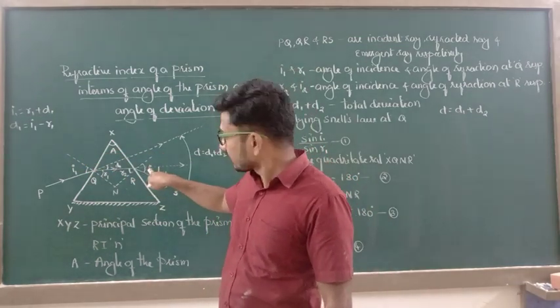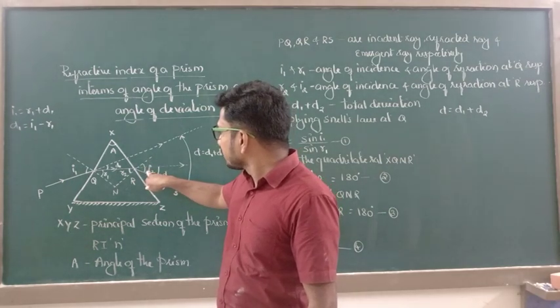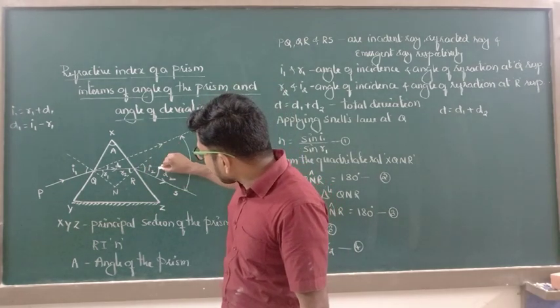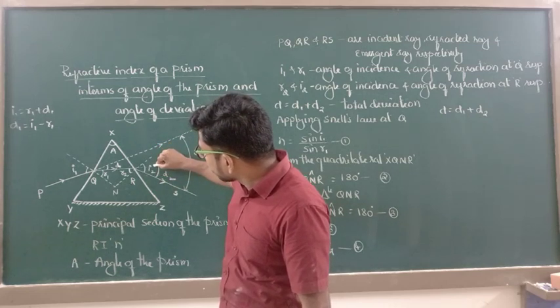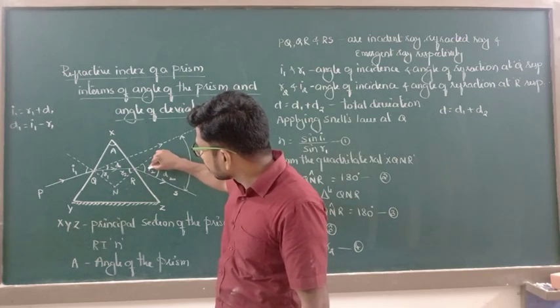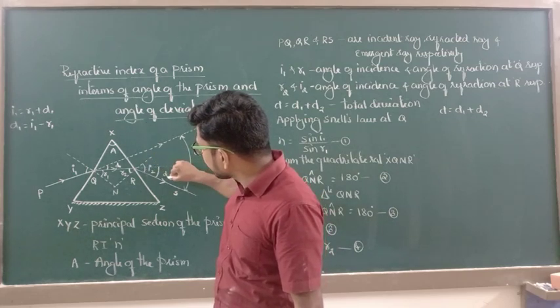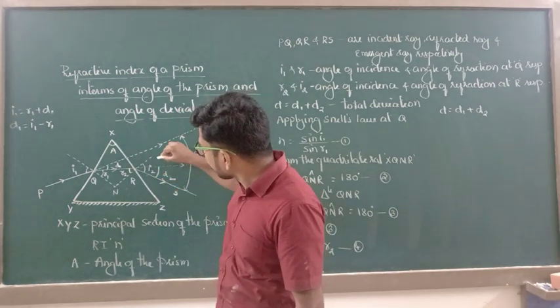Similarly, here this total angle is I2, this angle is D2, and hence this angle is I2 minus D2.